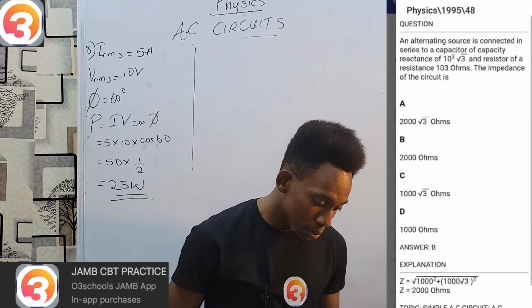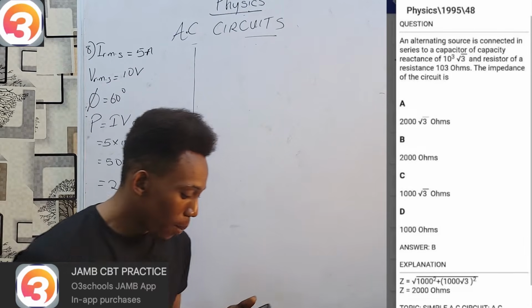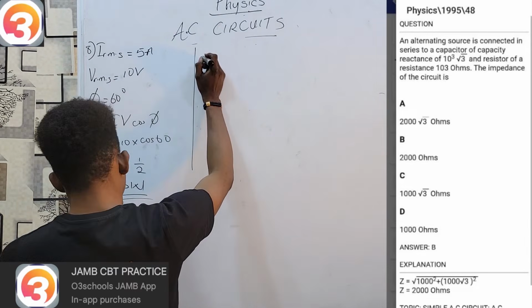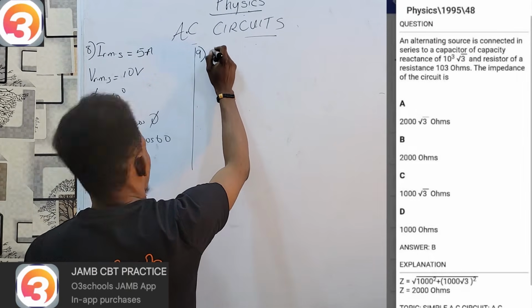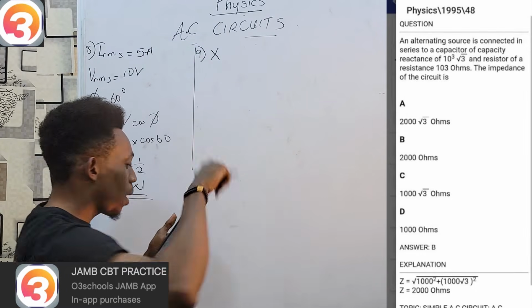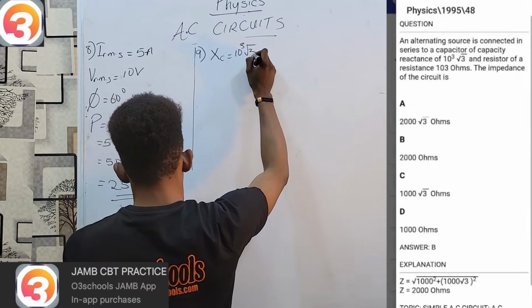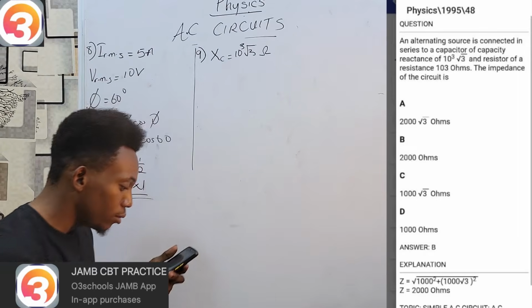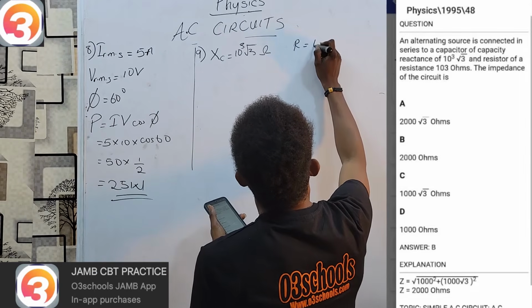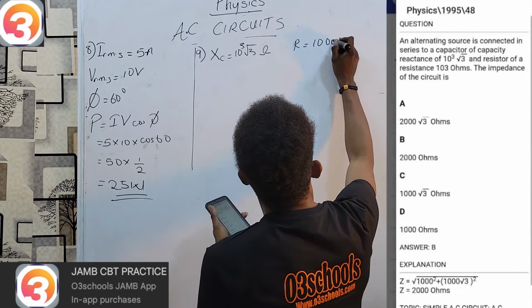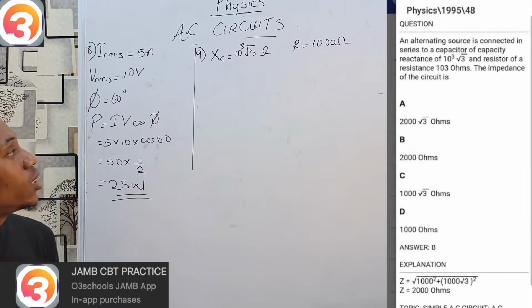This one states that an alternating source is connected in series to a capacitor of capacitive reactance of 10 raised to power 3 root 3 ohms, and a resistor of resistance 1000 ohms. So this is question 9. And so we have been asked to find the impedance of these circuits.